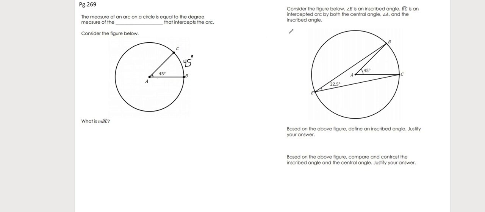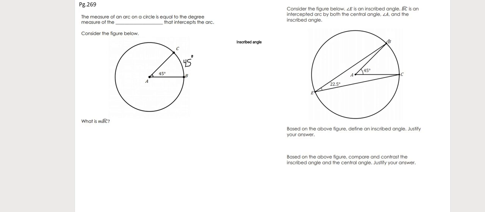So today we're going to learn about a different type of angle. This one is called an inscribed angle. What an inscribed angle is, it's a little bit different than the central angle. It's not coming from the center. It's an angle that is coming from the inner part of a circle.